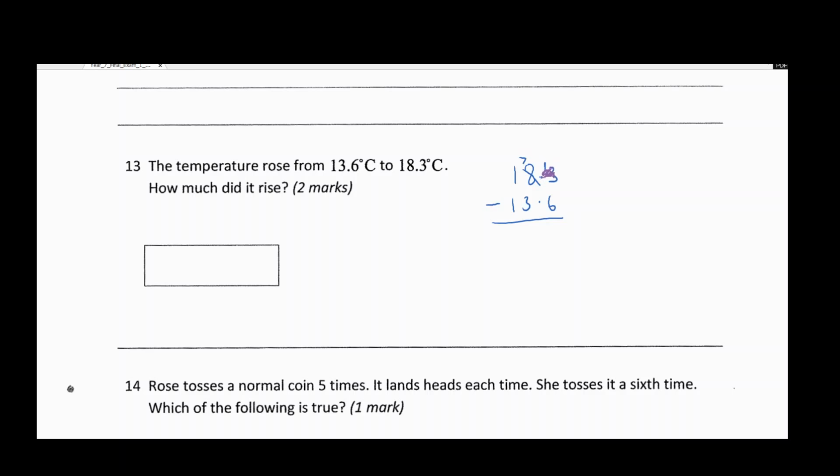This becomes 13. 13 take 6 is 7. 7 take 3 is 4. And 1 take 1 is nothing. 4.7 degrees Celsius.